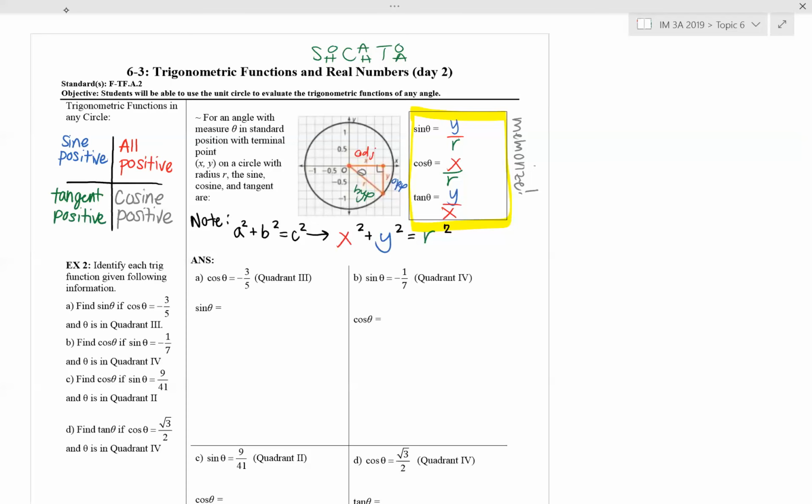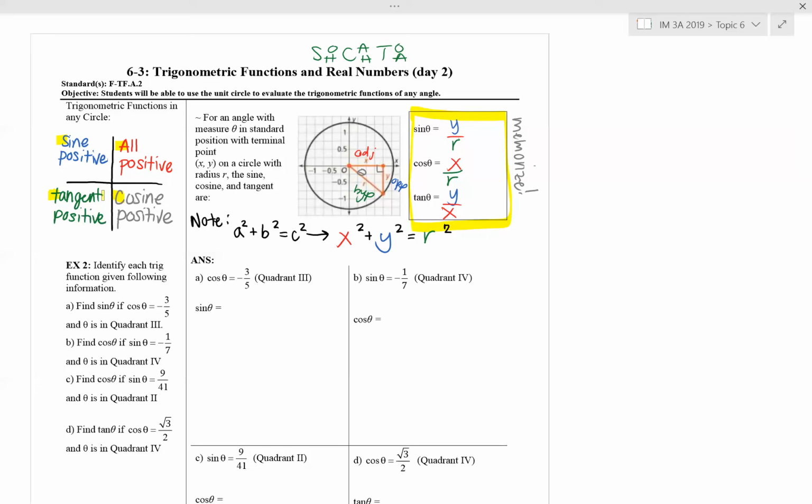And so the mnemonic that we use is all students take calculus. Each time that we're solving a problem, I'm going to really draw out the coordinate plane and put whichever letter corresponds to all students take calculus that we're talking about.